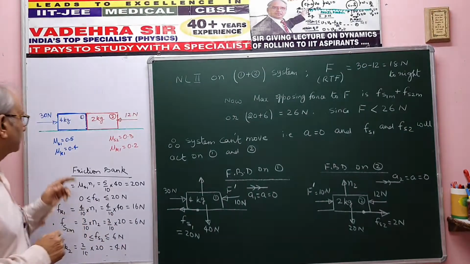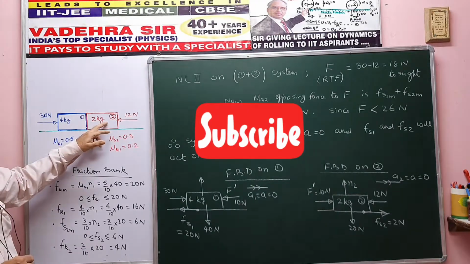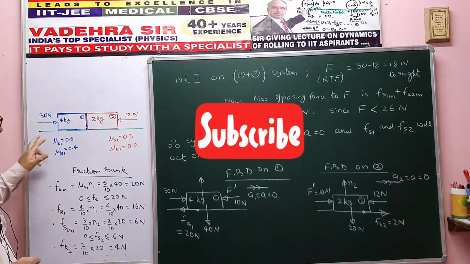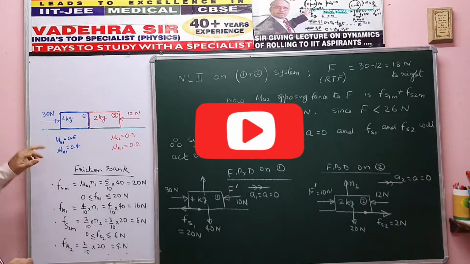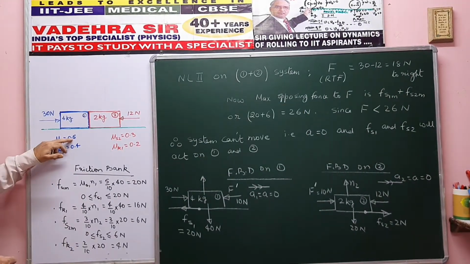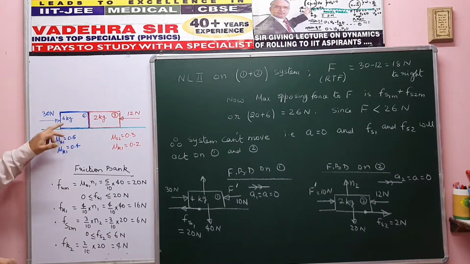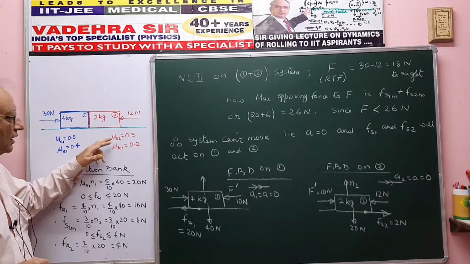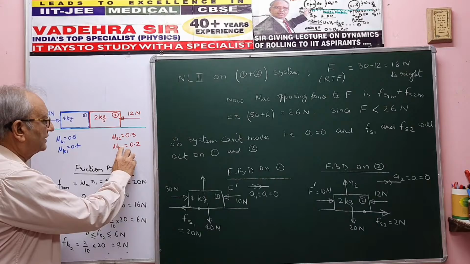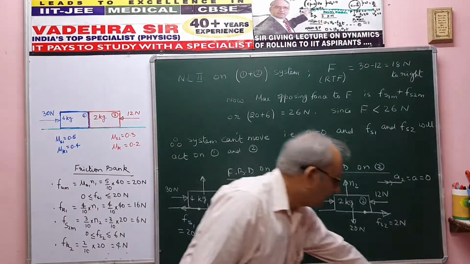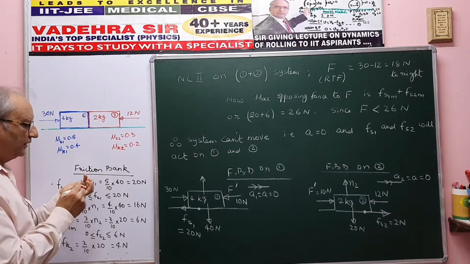The situation is this. There are two blocks, block 1, the blue, and block 2, the red. They lie on the green, rough surface. The coefficients of friction: mu S1 is 0.5 and mu K1 is 0.4 on the blue box, block 1, and on the red box, mu S2 is 0.3 and mu K2 is 0.2.